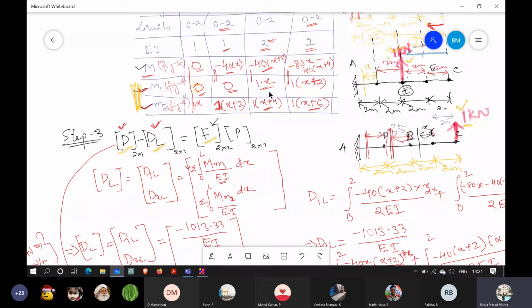Here M1 square means x square, and here M1 square means x plus 2 whole square. The integration is from 0 to 2, here also from 0 to 2, and EI is 2EI and 2EI. So those we need to write.